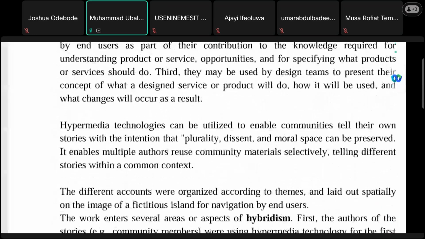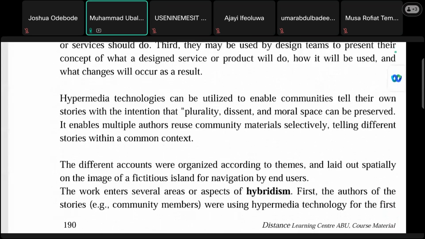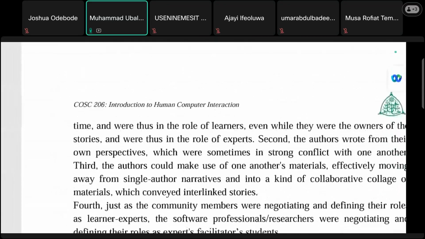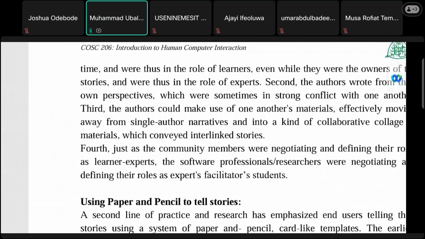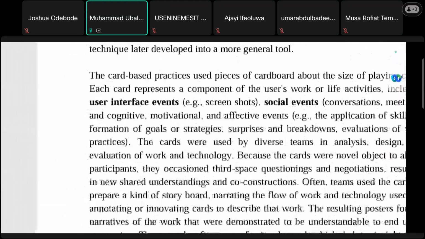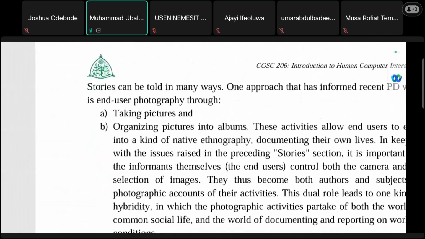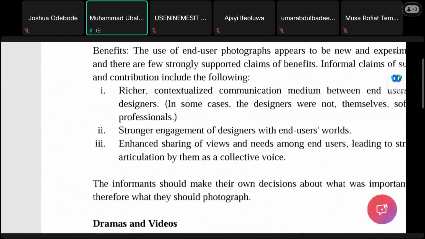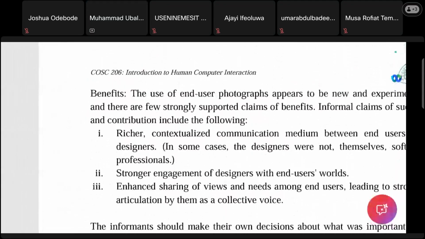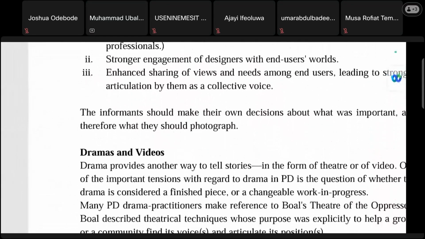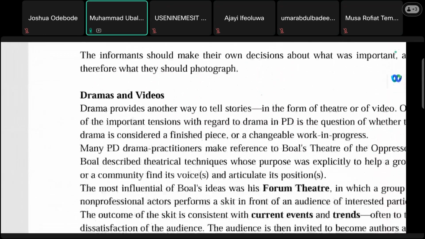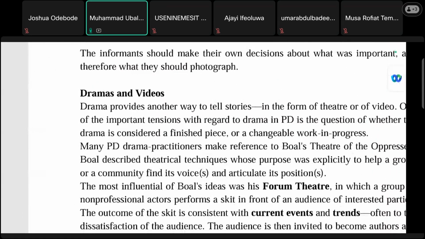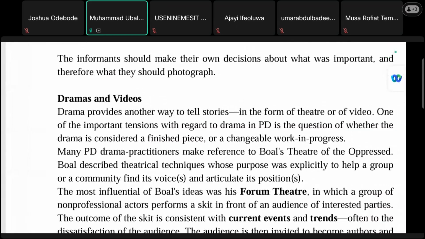There's also another technique of storytelling, which is through photography, and that includes drawing, design, graphics, and so on and so forth. Now we also have dramas and videos. Through drama and videos, sometimes we can tell stories in the form of theater or of video.